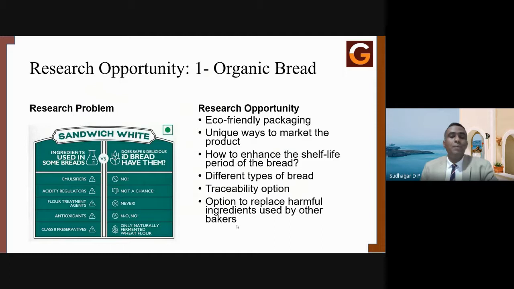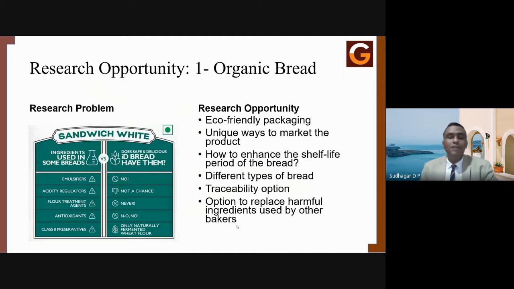So the ID brand has come out with a product which does not have any of this. They do not have emulsifiers, they do not have acidity regulators, they do not have flour treatment agents, they do not have antioxidants, and they do not use any kind of preservatives at all. Do you think it would have been easy for the ID brand to come out with this ID bread just like that?